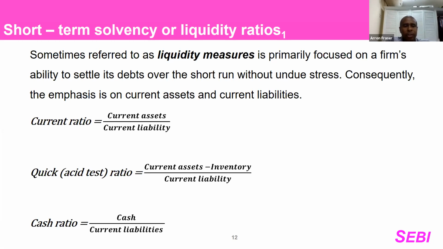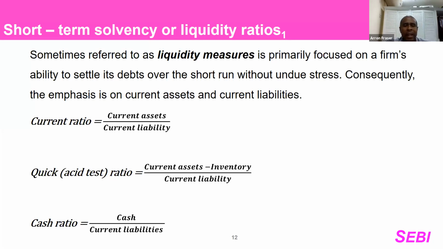Of this current ratio, there is a derivative of it, which we call the quick ratio or the asset test ratio. The calculation of this ratio is done by taking current assets, less inventory, and then dividing by current liabilities.